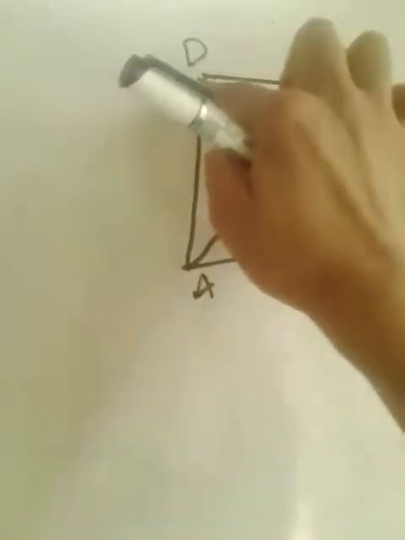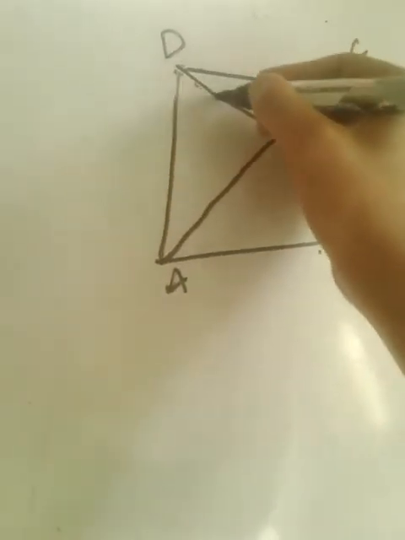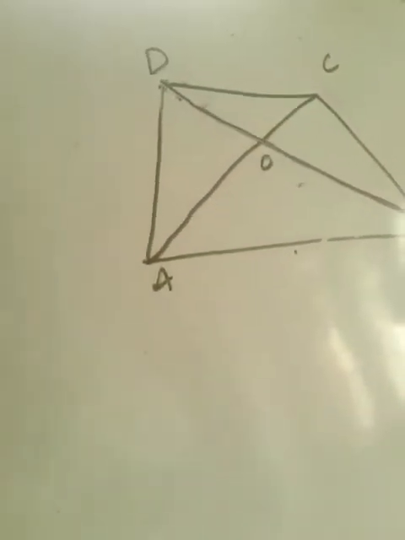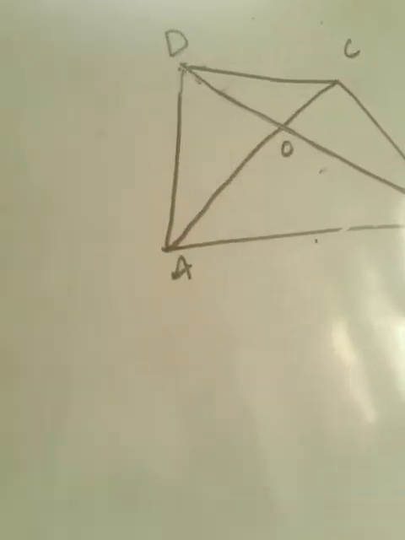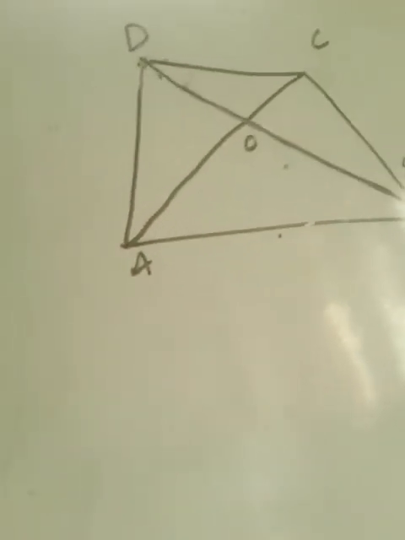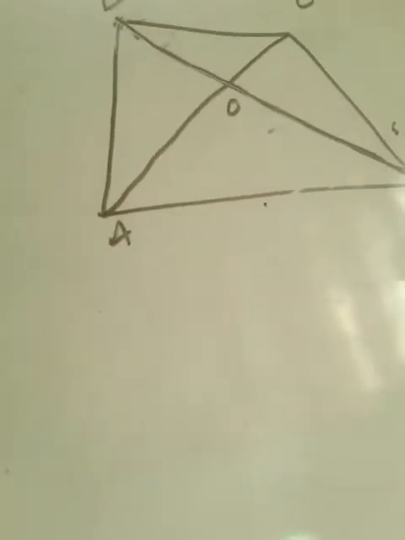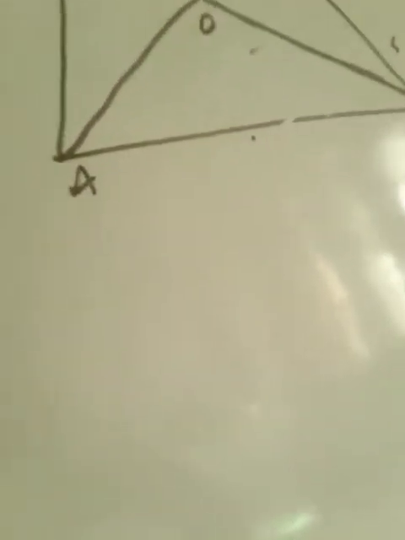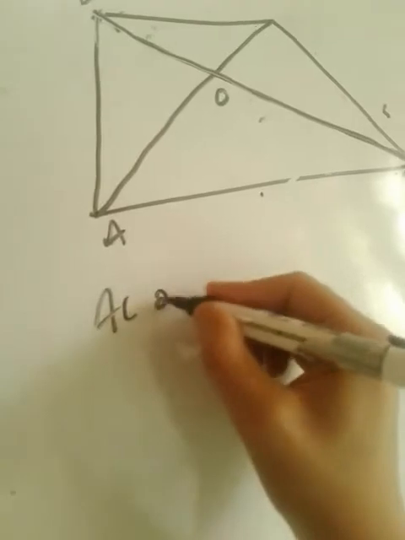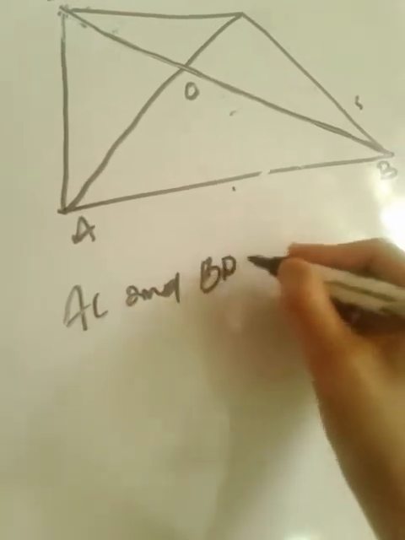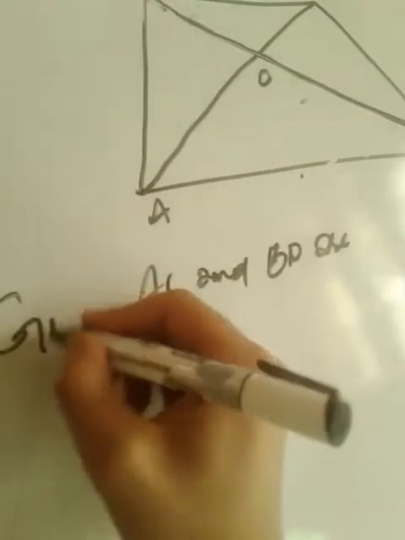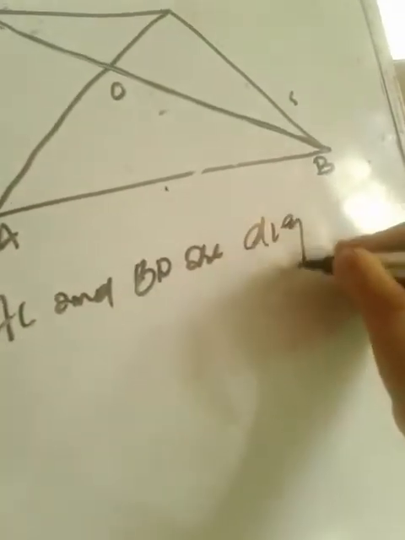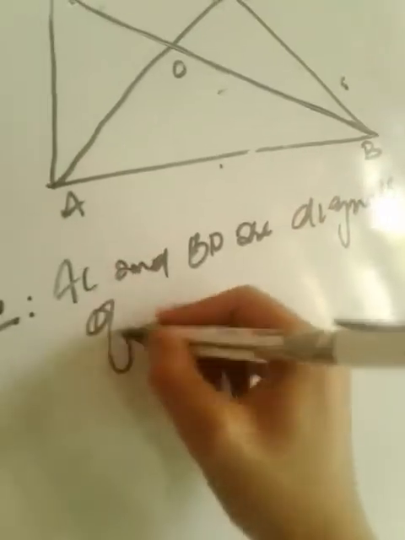So let us write the given. First of all, you should be able to write the given in a very lucid and strict manner, so that you do not need to write unnecessary information. The given must be written in one go.